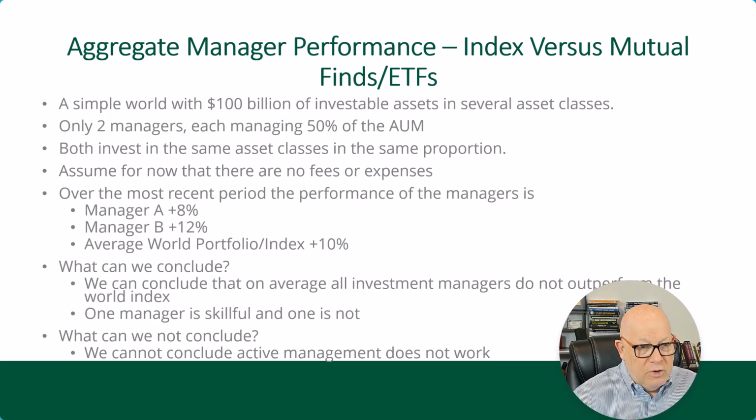The average for the world, the average performance overall, is up 10% for the year. What people conclude from that is that on average, all investment managers do not outperform the index. Well, that's true. All of them don't, but one of them did. Here, half of the managers, one, outperform the index, and half of the managers, one, underperform the index.